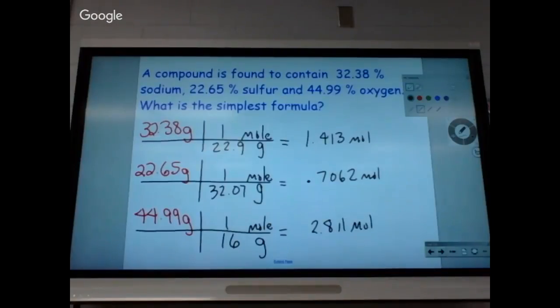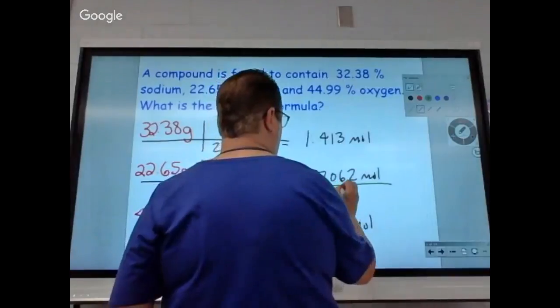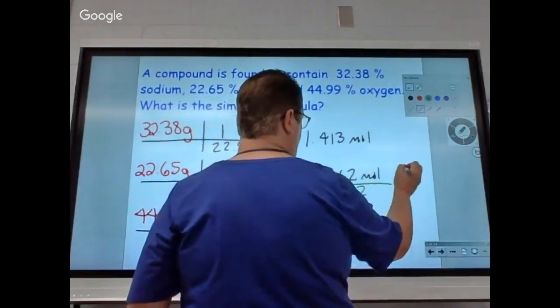All right, what was step 3? Divide by the smallest. You've got to do it for all 3 numbers. It's just like math class. If you divide by 5 on the left, you've got to divide by 5 on the right. So which number is the smallest? Okay, so we're going to divide here by 0.7062, so we get 1.